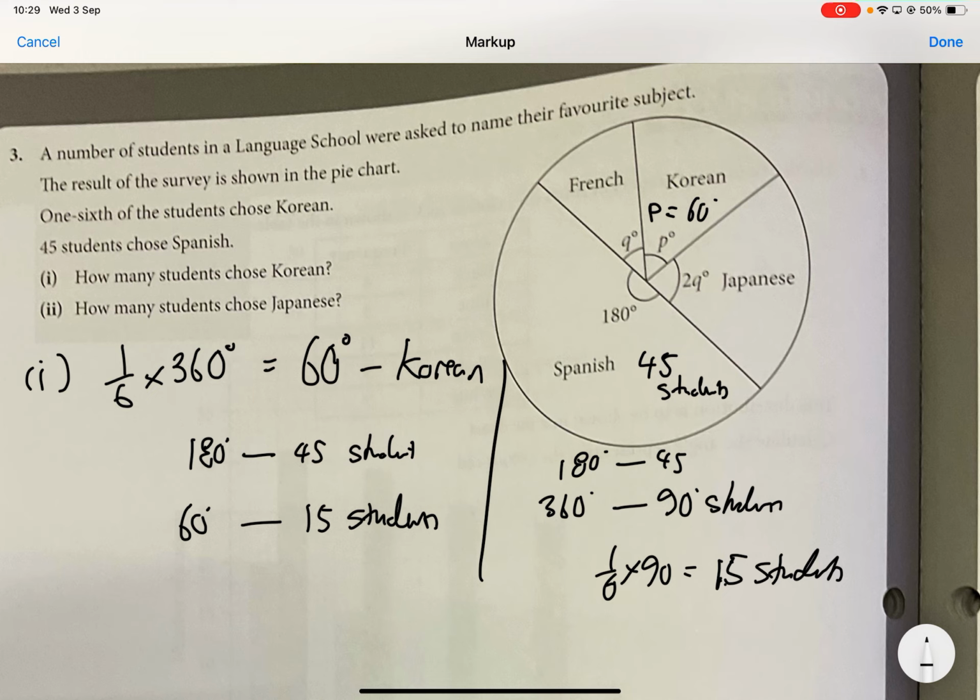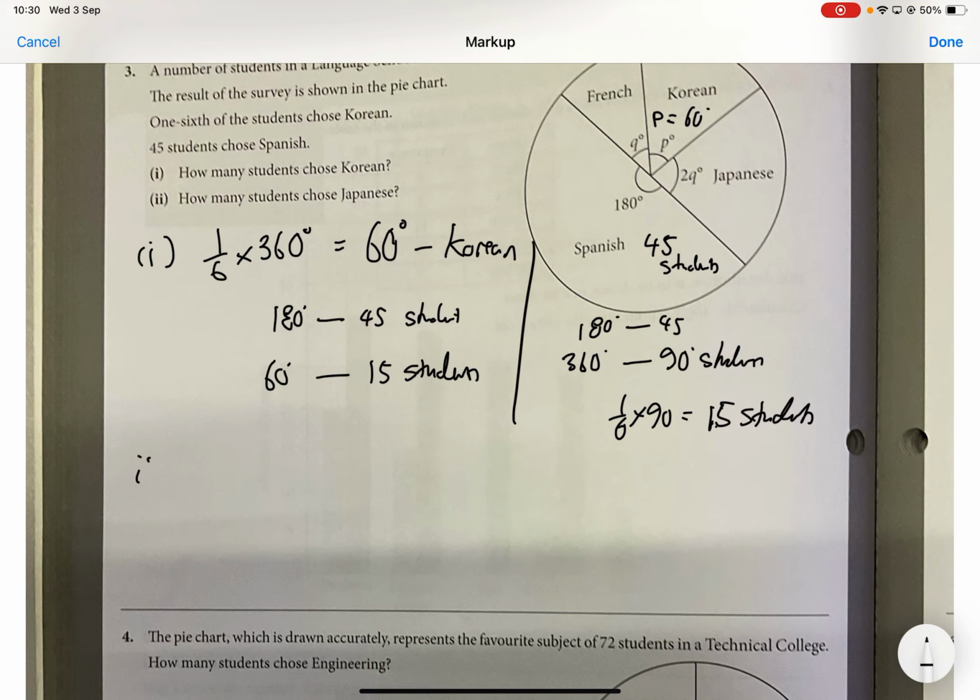How many students chose Japanese? Then for this, you will need to solve your algebra already. Japanese is 2Q. Then we need to solve first what Q is. So we know Q plus 2Q plus P will make up 180 degrees. So we have to solve a bit of algebra first. Q plus 2Q is 3Q.